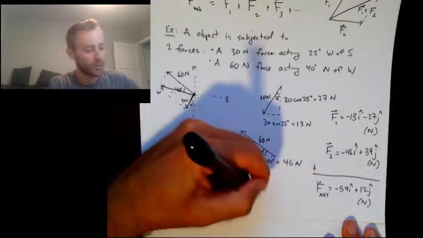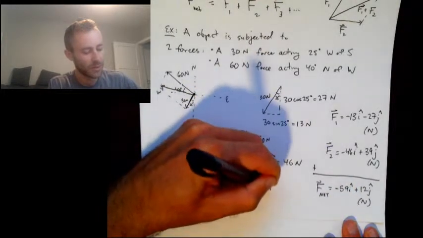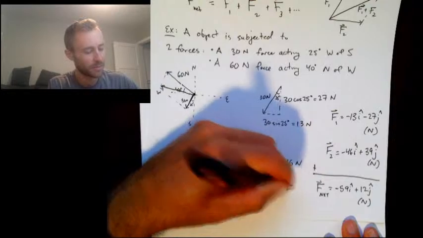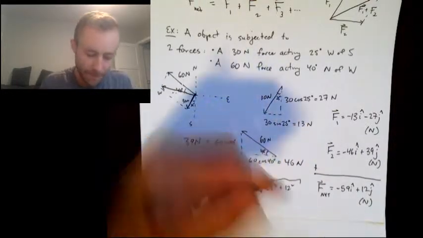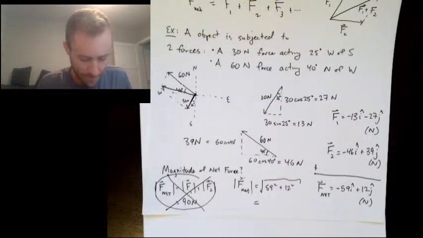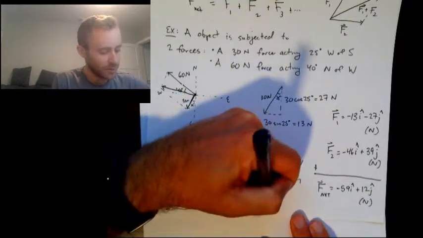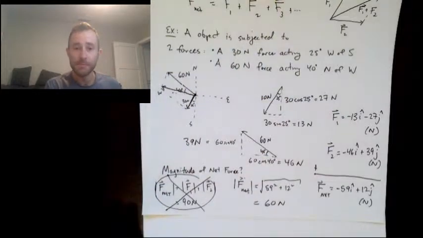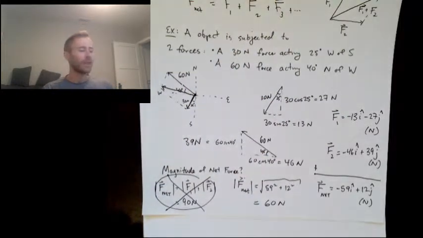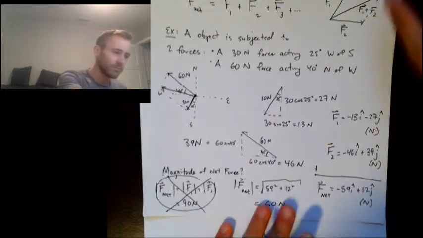So it's going to be the square root of 59 squared plus 12 squared, which is about 60 newtons. Okay? So that is how you manipulate forces.